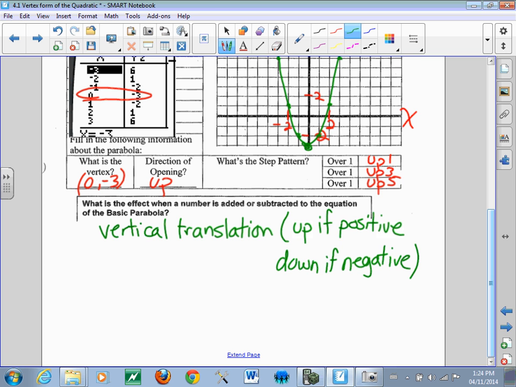The letter we're going to use for that one is Q. That's the second part of the ordered pair of our vertex. All right, let's flip to the next page and take a look at investigation 3.